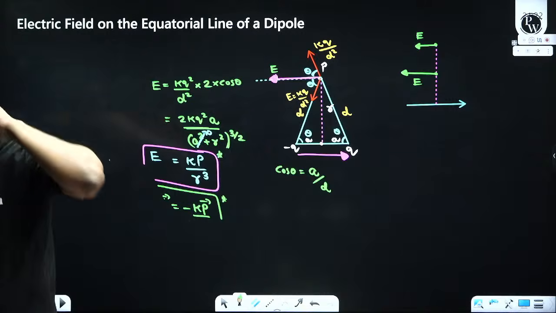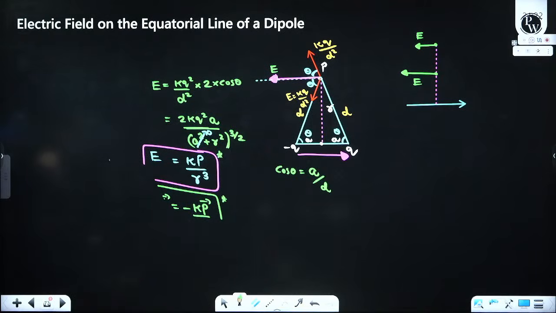Electric dipole is placed at angle 30 degrees with electric field 2 into 10 power 5. Okay, so the dipole in an electric field, I guess they're asking the torque, right? Anil, is the question about finding torque?